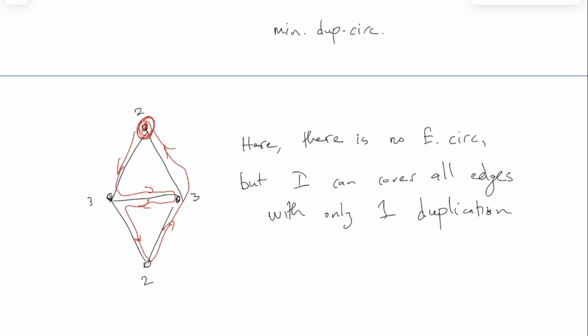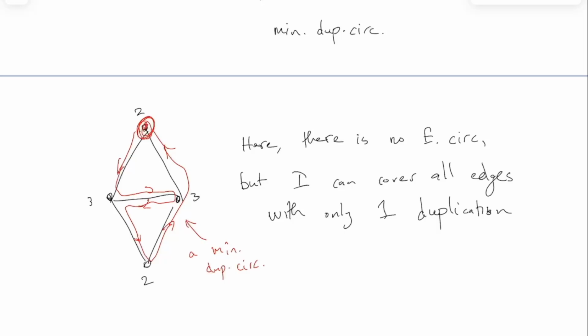So there is no Euler circuit, but that means you must do some duplications. It is possible in this graph to cover all the edges with only one duplication. So this, what I just drew there, is a minimum duplication circuit. All right, it covers all the edges while repeating as few as possible.